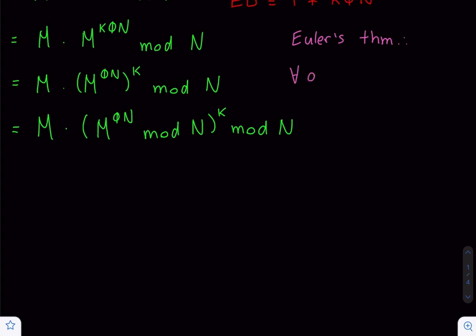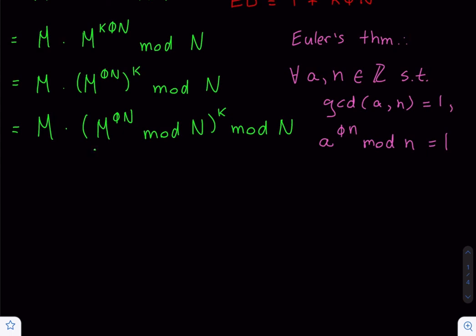For any two integers a and n, such that the GCD of a and n is equal to 1, then we can say that a raised to the phi n power mod n is equal to 1.